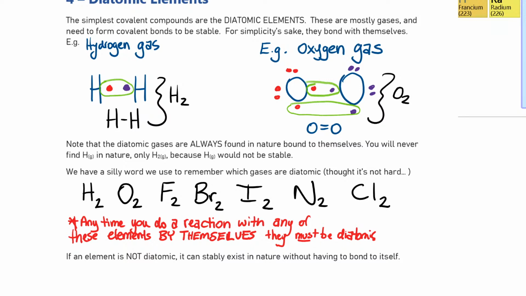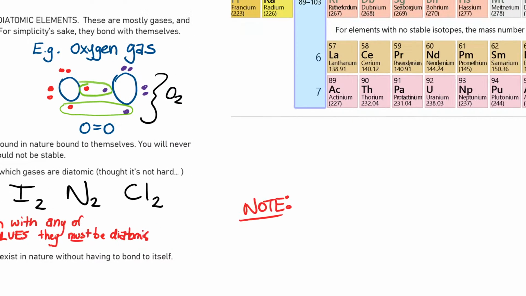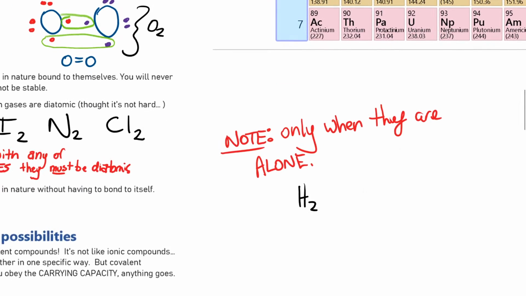Note, that's only when they're by themselves. Don't all of a sudden forget how to make a compound. Note, only when they're on their own. So hydrogen by itself is H2, but that doesn't all of a sudden mean that if you did sodium chloride, NaCl, this becomes NaCl2.